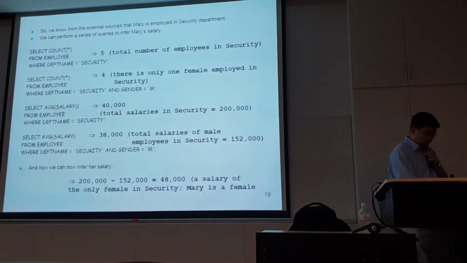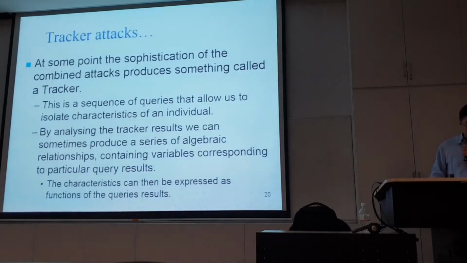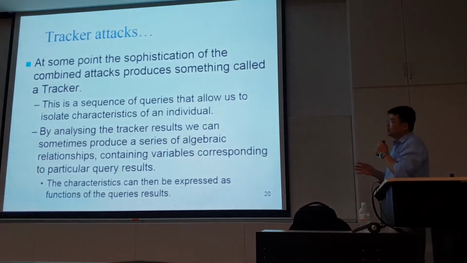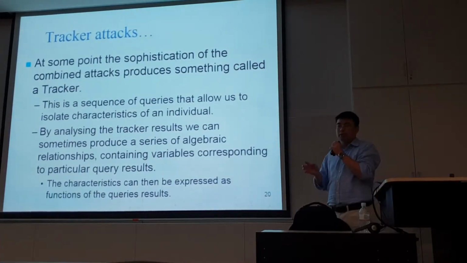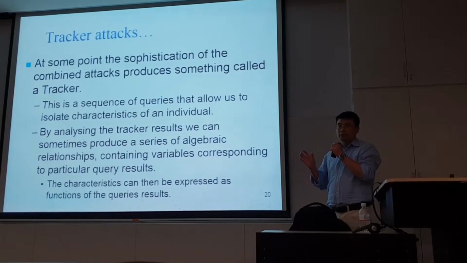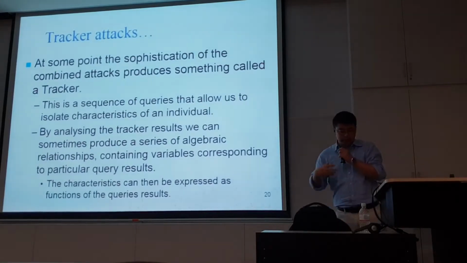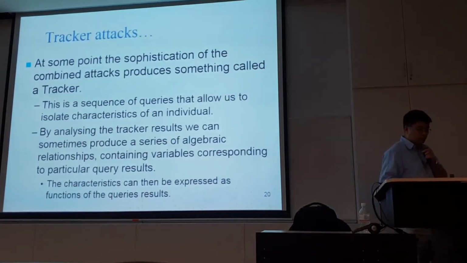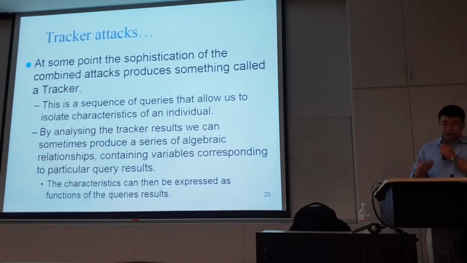So in general, the attacker can build something called a tracker. The tracker basically will track individual records through a set of records. So in general, we can use a sequence of queries to build a tracker, right?